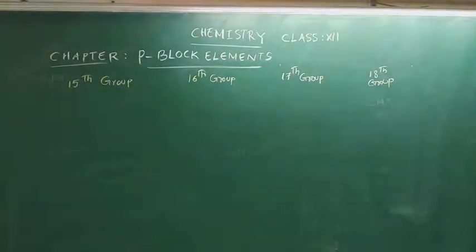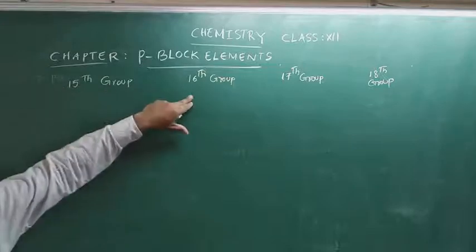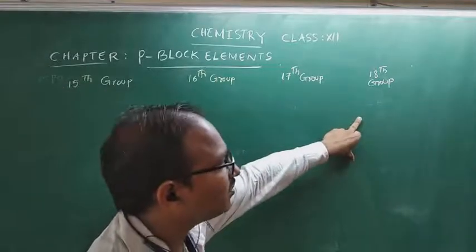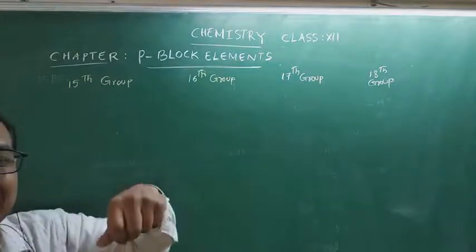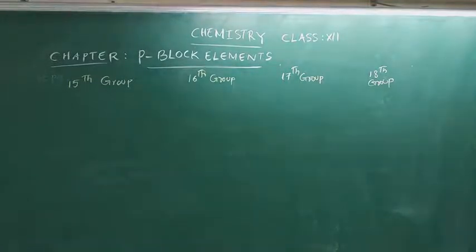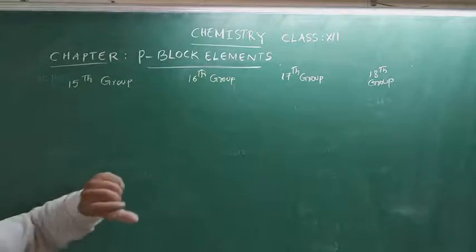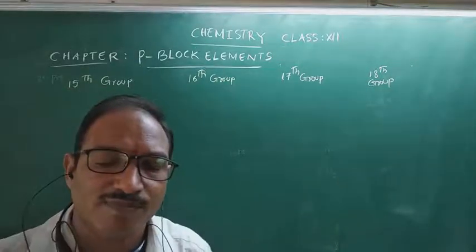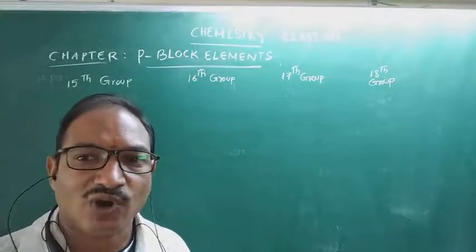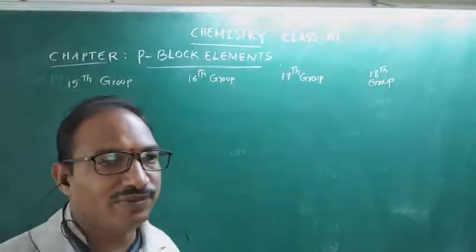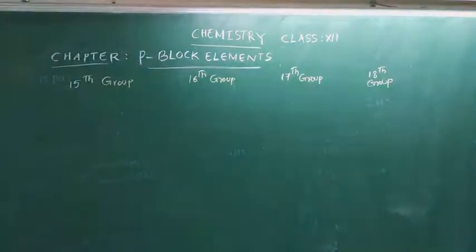In this chapter we will learn about the elements present in the 15th, 16th, 17th and 18th groups, and what their general chemical properties are. In each group, the properties of the elements and the properties of compounds will be discussed. So now let us start.